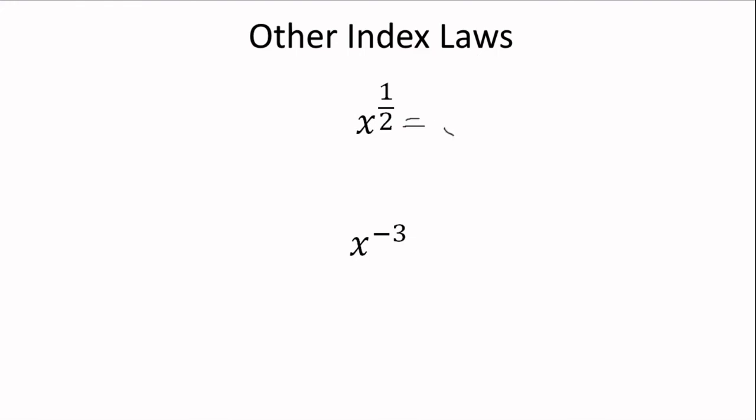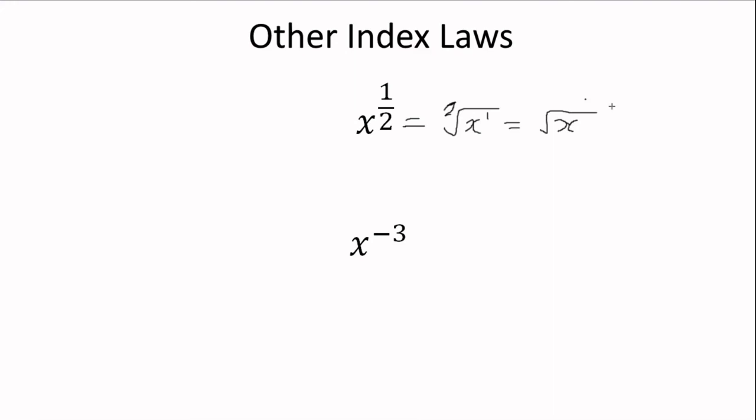So let's do this. We get x to the power of 1, and we have a 2 on the outside. Thing to note, x to the power of 1 is just x, because it's just x on its own. So we can leave the x in. And typically for powers of 2, you never actually write it.